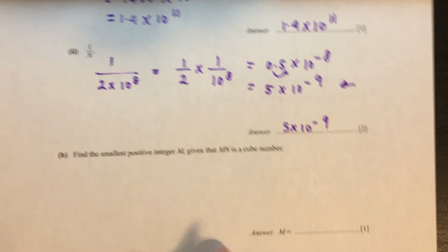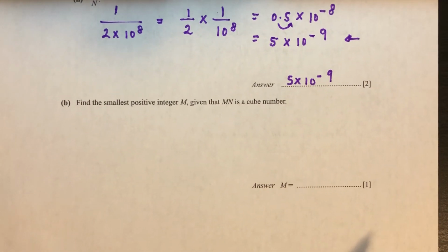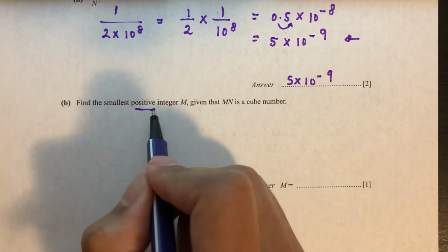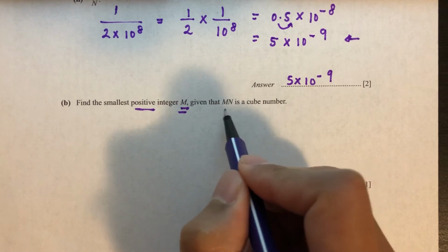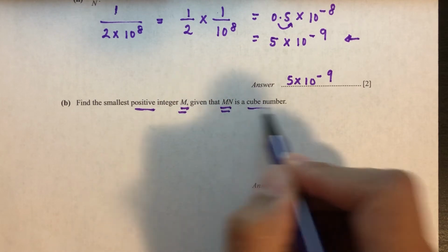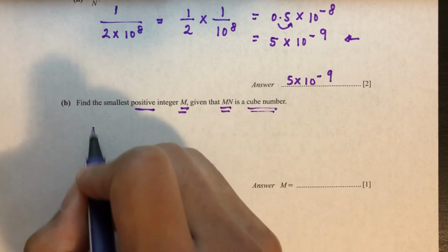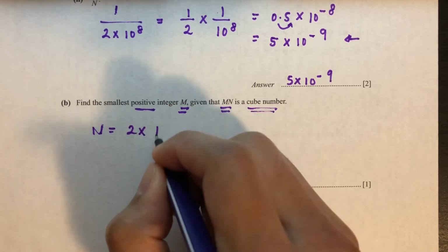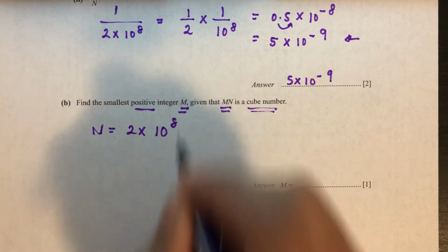Okay, now part B, a pretty interesting question. It says, find the smallest positive integer m such that m times n is a cube number. So we know that n is equal to 2 times 10 to the power of 8.